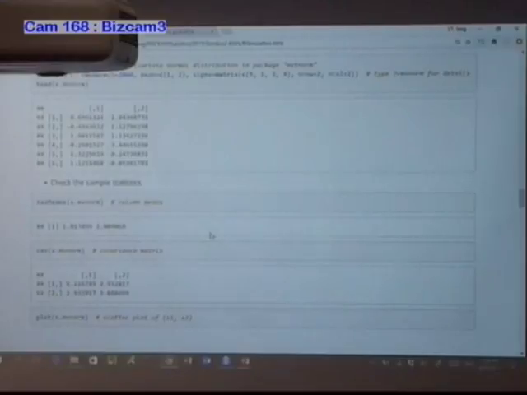And again, sanity checks. After having these 2,000 pairs of numbers, we need to check the average. But if we do mean, it just calculates the mean of all the points here. So we need a different one. This is the column means. So we calculate the mean of a matrix column by column. Right? Because we know the first column is for Google, the second column is for Apple.